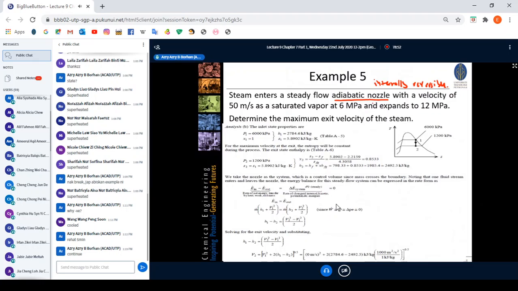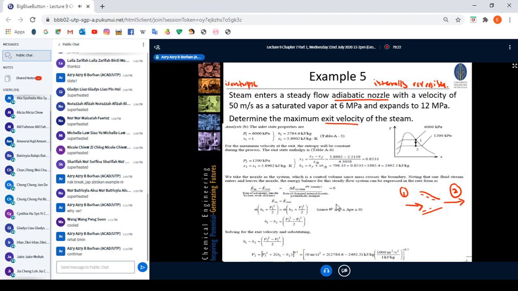So when you have this condition, that means it is isentropic for this particular nozzle device. So to determine the maximum exit velocity, we know the nozzle outlet area is smaller than the inlet. Let's say state 1 and state number 2.